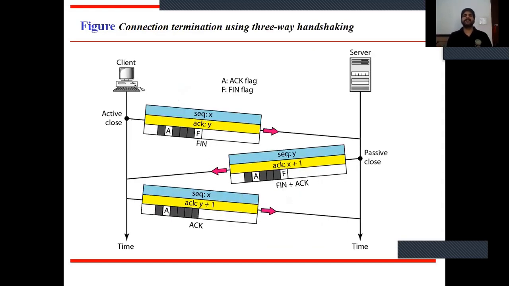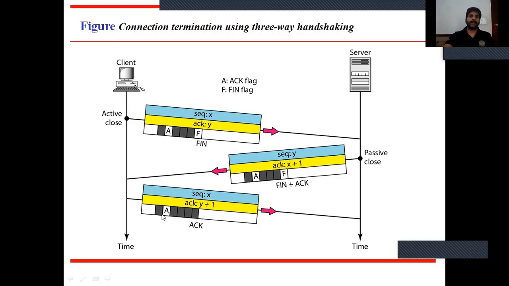Connection termination also uses a three-way handshake, just as the client and server first established the connection using a three-way handshake. After transferring data, connection termination is required. The client, doing the active close, sends a FIN segment with sequence number X. After receiving the message, the server sends sequence number Y with acknowledgement X plus 1, FIN plus ACK, an acknowledgement with FIN.